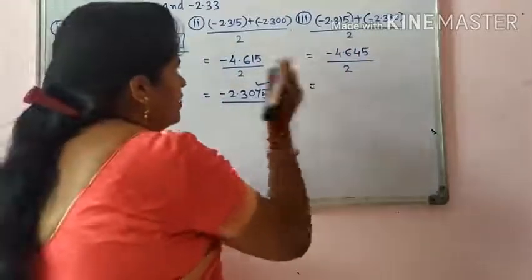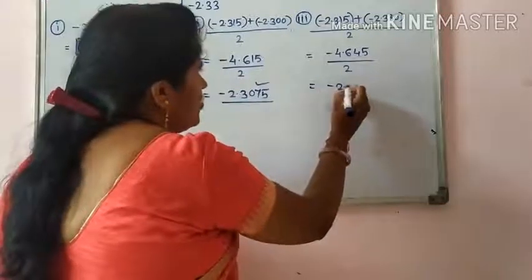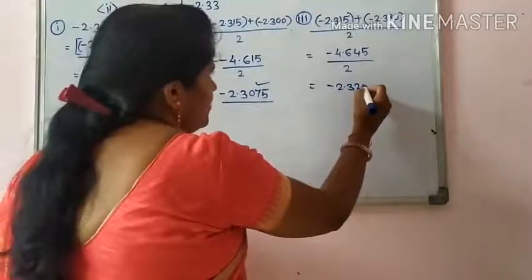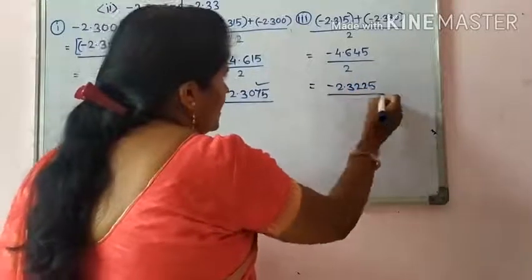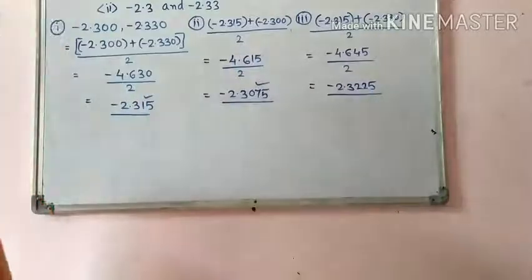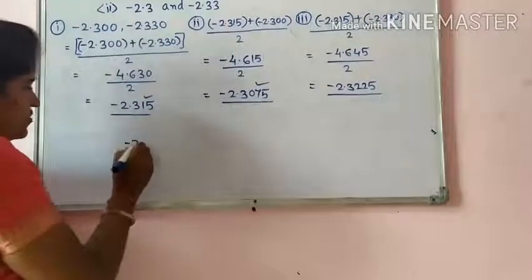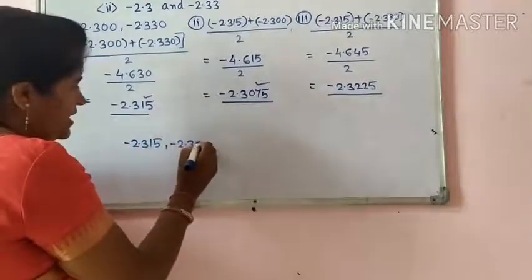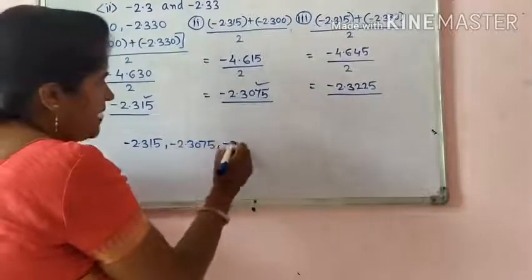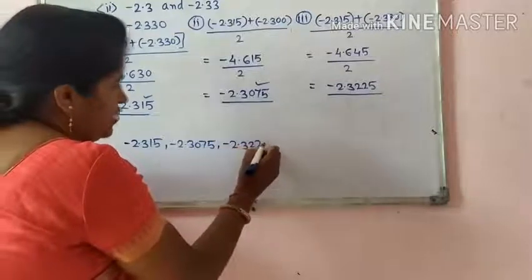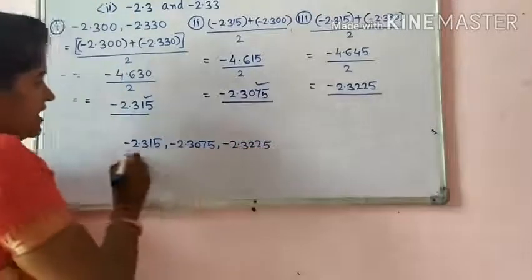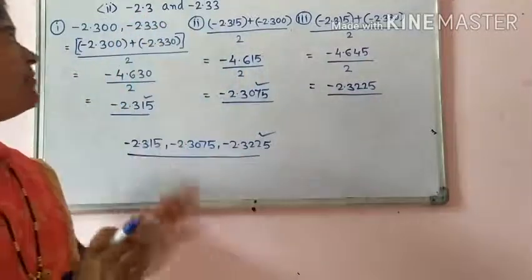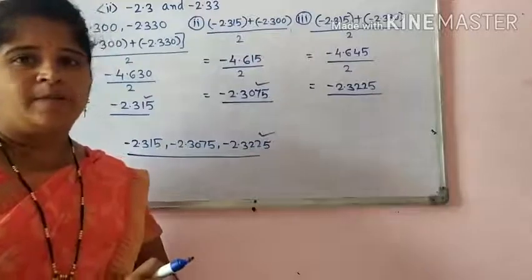So this is equal to minus 2.3225, 2 3s are 6, 2 2s are 4, 2 2s are 4 and 2 5s are 10. So this is third rational number. So minus 2.315, minus 2.3075 and minus 2.3225. These are three rational numbers between minus 2.3 and minus 2.33.